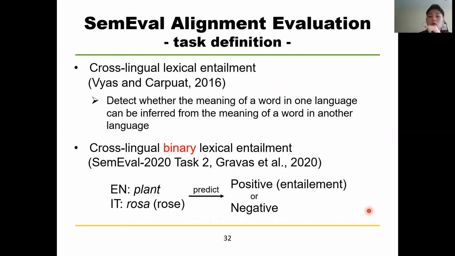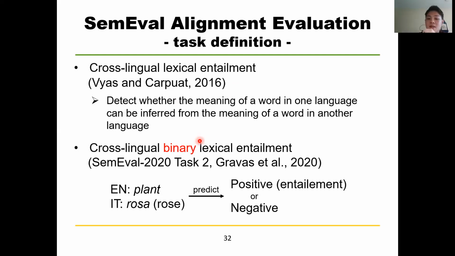And we also evaluate on an extrinsic task, and we employ the task called cross-lingual lexical entailment defined by Vyas and Carpuat. They define this task as detecting whether the meaning of a word in one language can be inferred from the meaning of a word in another language.